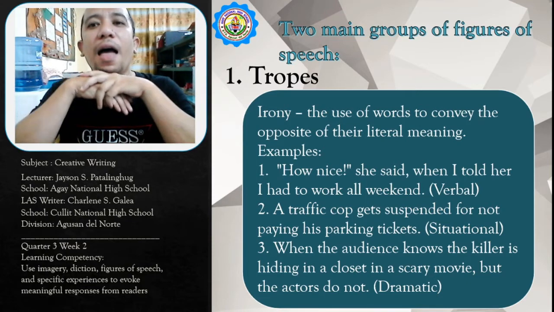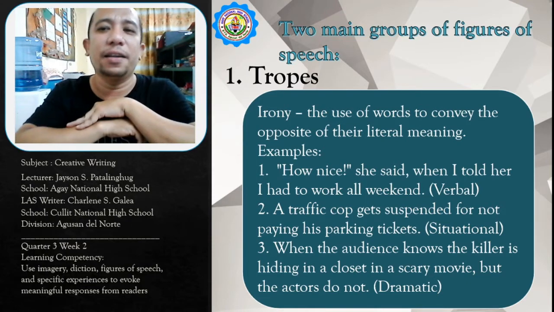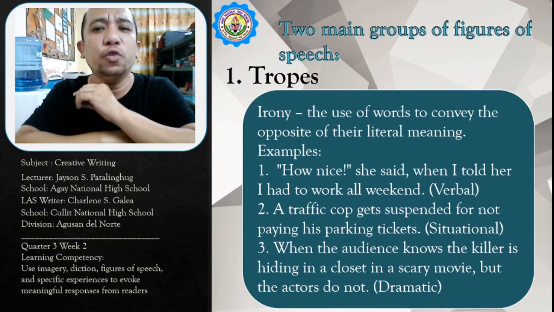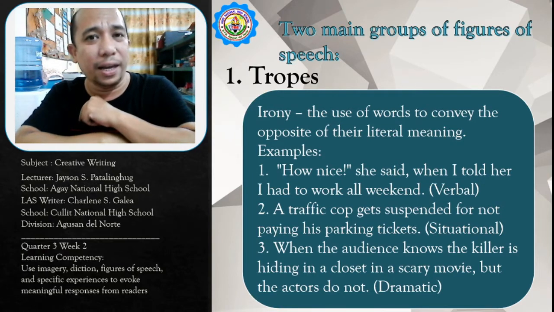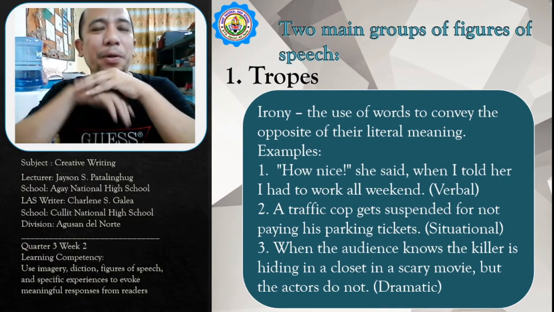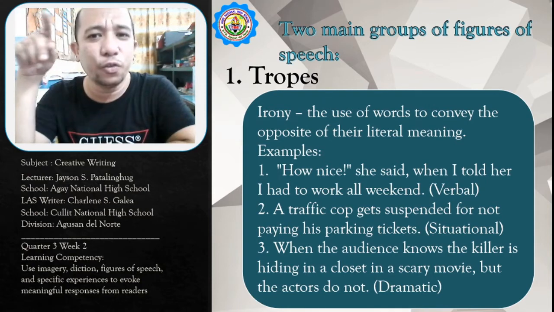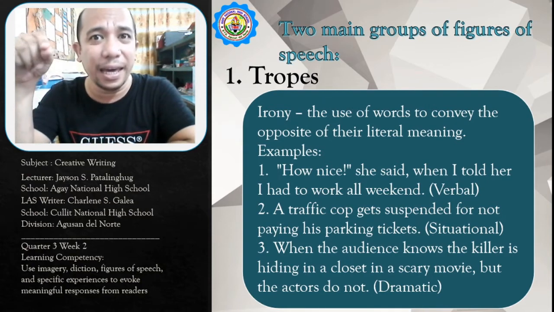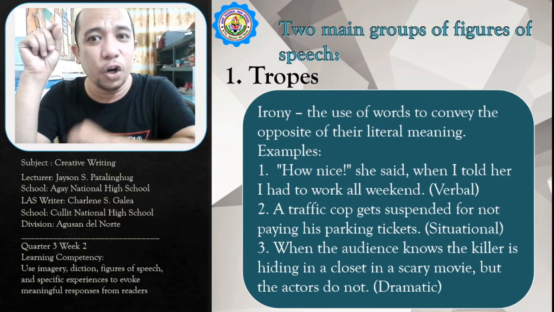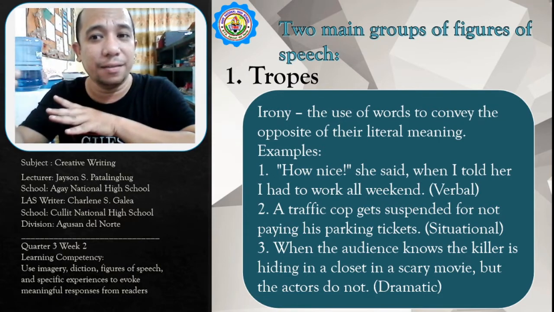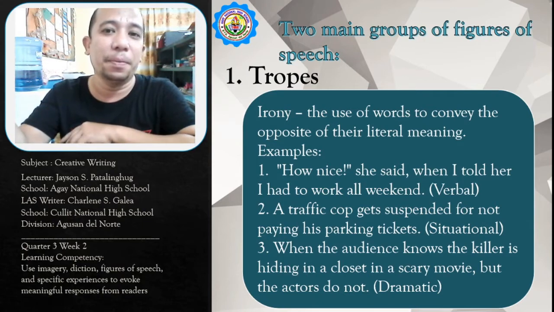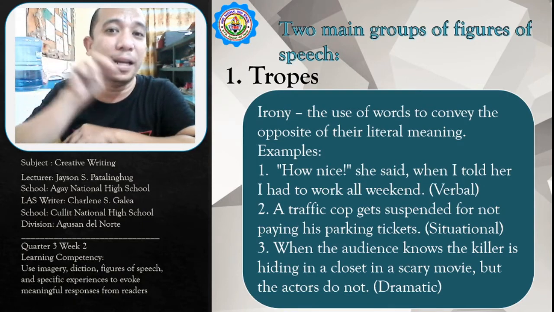Example: how nice, she said, when I told her I had to work all weekend. When you say that, you mean the opposite. It's verbal irony, the opposite of what you really mean.